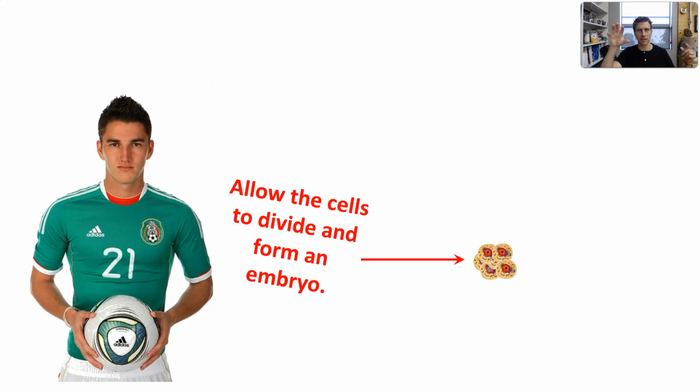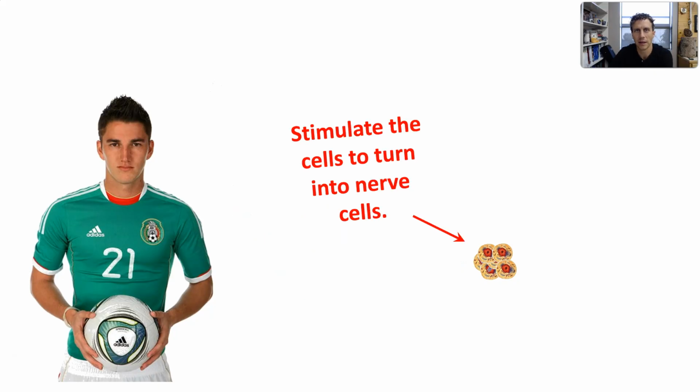Right? That is what's happening in regular human reproduction. Egg cells fertilized by a sperm cell from mom and dad. And once it has been fertilized and has 2 copies of each chromosome, then it begins to divide and form an embryo, a baby. Here's where things get different though. We can take certain chemicals and apply them to this embryo and turn all of those cells into nerve cells.